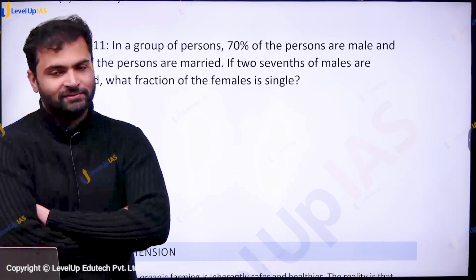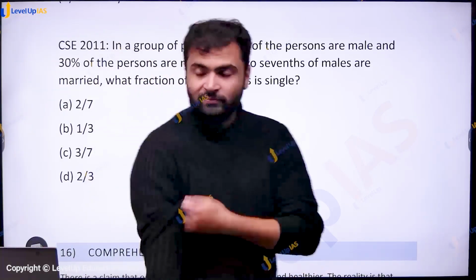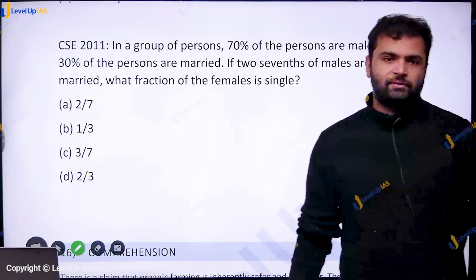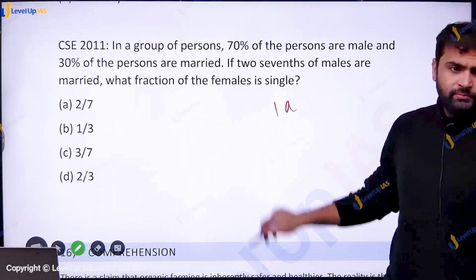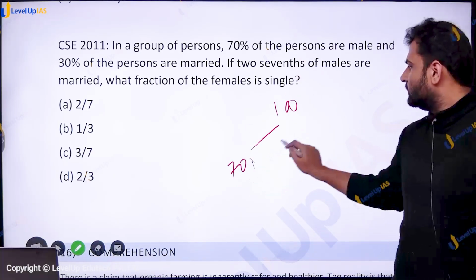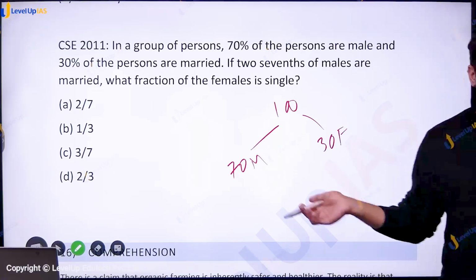1 by 3. We start with 100. You have 70% male, so 70 male, 30 female. Of course, the rest of them would be female.